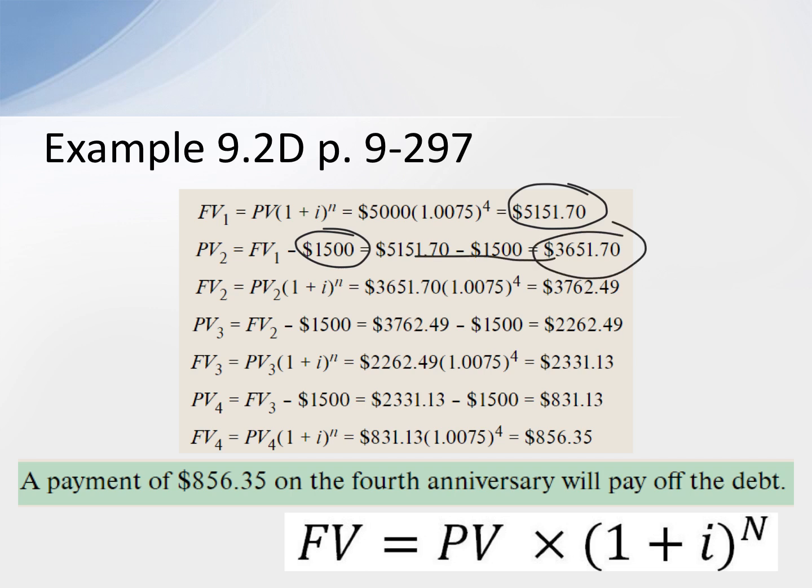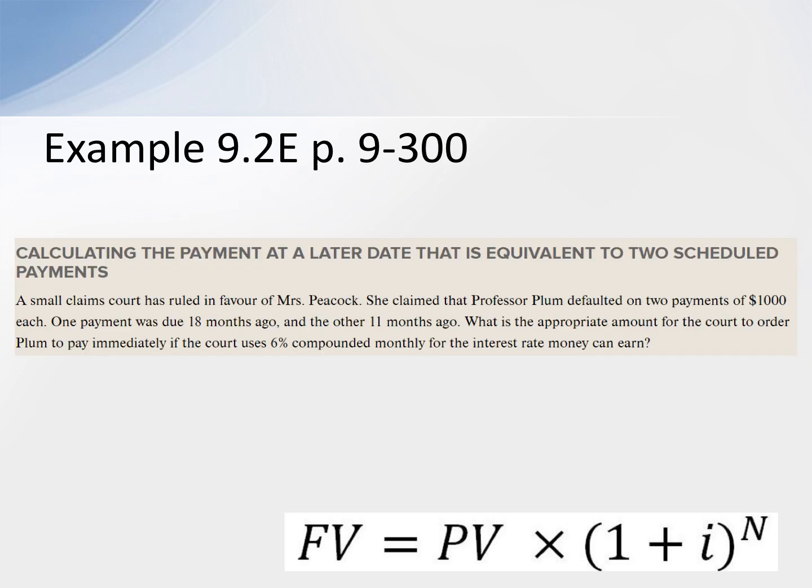This new future value becomes the present value for the next segment, and so on until you get to the final year, again when that last amount owing is $856.35.